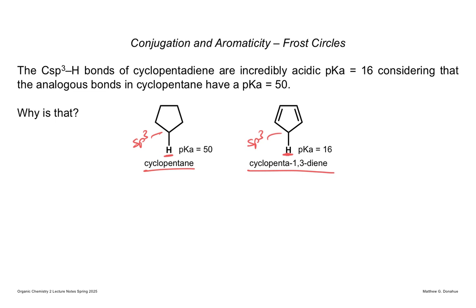Cyclopentadiene, it's 16. So it's similar to that of water. Compared to the alkane, the cyclopentadiene is a lot more acidic, right? What is the reason for that?